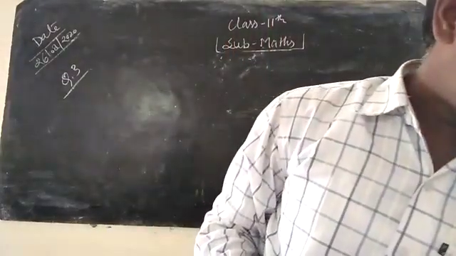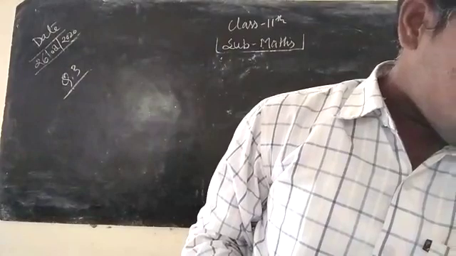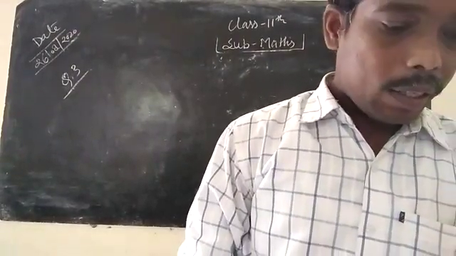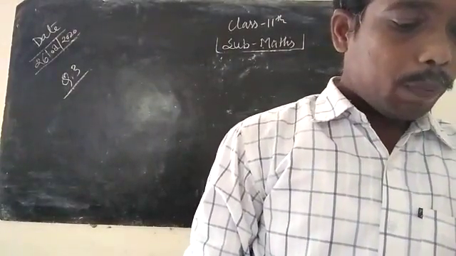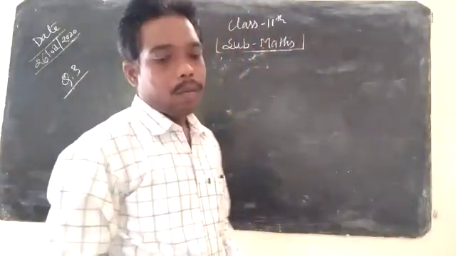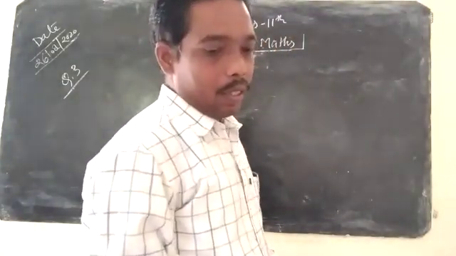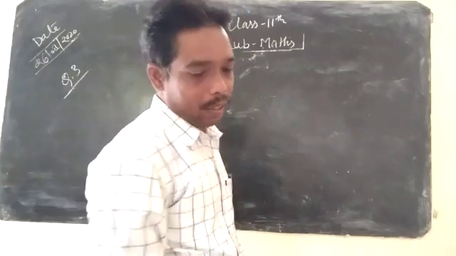So the formula for length of arc is equal to angle made at center into radius.